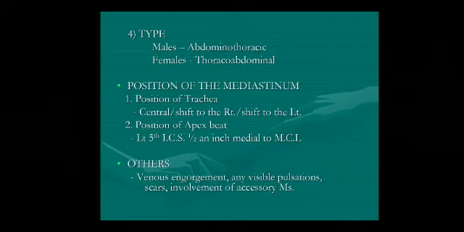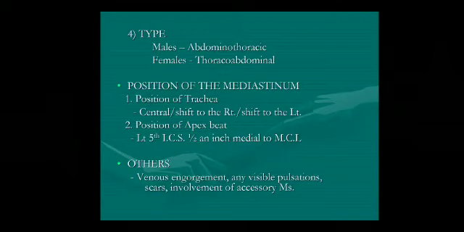Next, you should look for the position of the apex and trachea. In the last class I mentioned that the apex beat will be shifted laterally when there is mediastinal shift. With fibrosis and collapse of the lung, the mediastinum shifts to the same side, and when there is pneumothorax, hydrothorax, or pleural effusion, the mediastinum shifts to the opposite side.